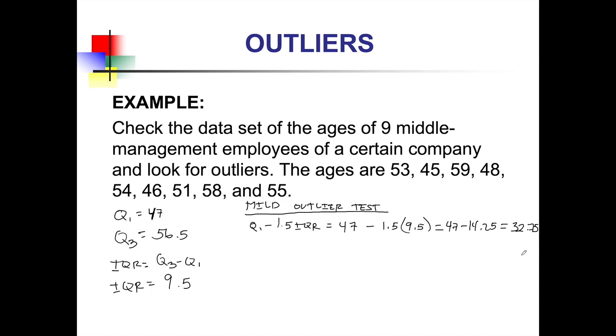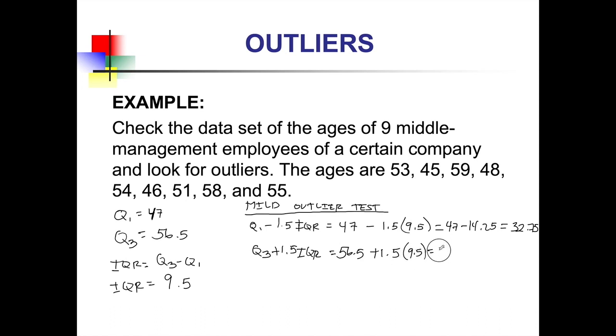Now, let's move on to our next mild outlier test. Sa upper part naman, let's have Q3 plus 1.5 IQR. Now, for the Q3, we have 56.5. So, substitute natin, 56.5 here, plus 1.5 multiplied to our IQR, which is 9.5.